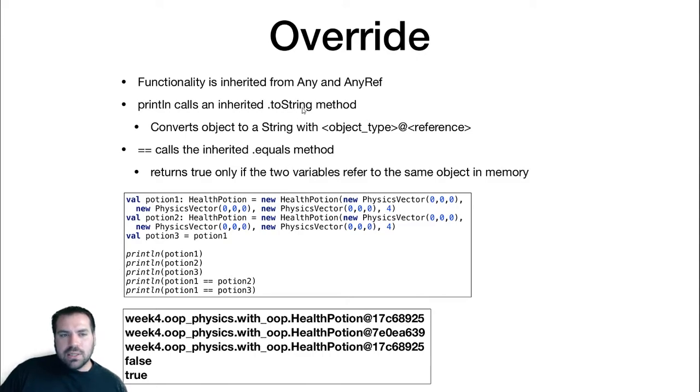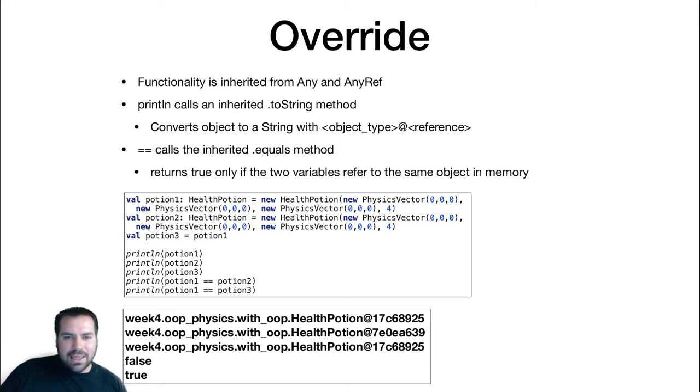So toString, this method is called every time we call println. Println will implicitly call toString, and then whatever string is returned from toString, that's what's printed to the screen. The toString method of the AnyRef class is going to convert that reference to a string, which has its type, an @ symbol, and then the reference, something that represents the reference to the JVM of where it can be found in memory.